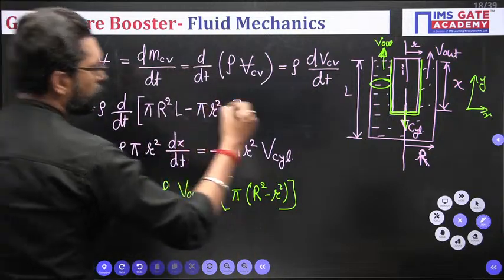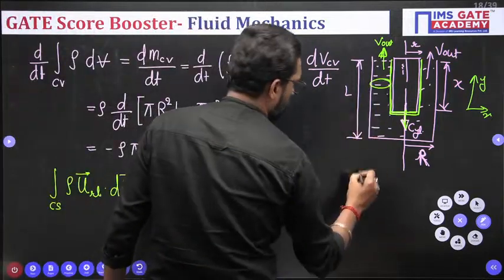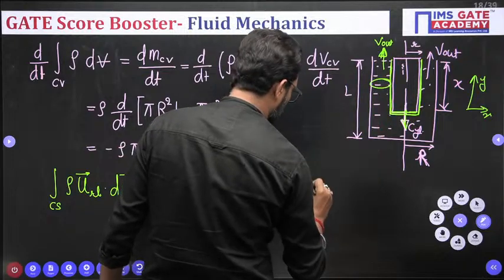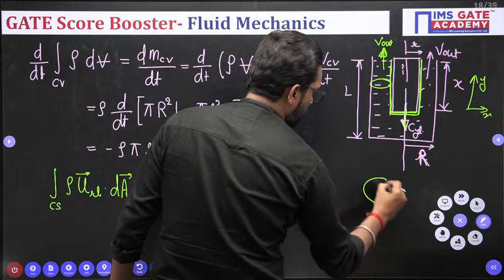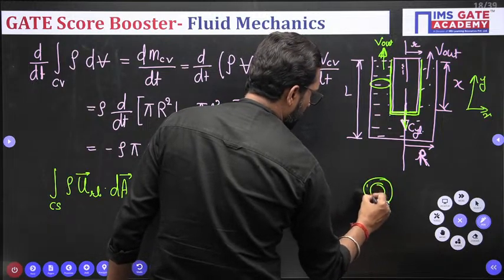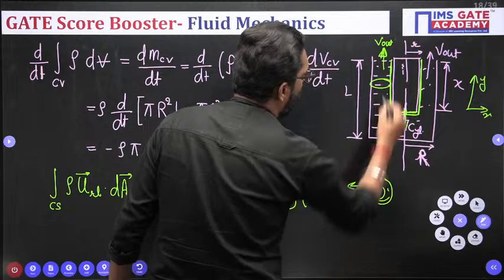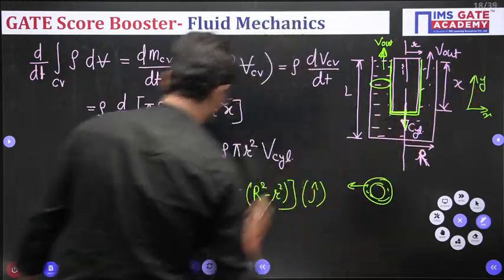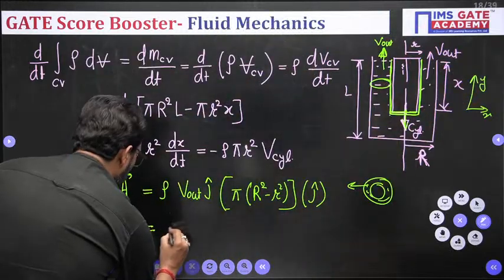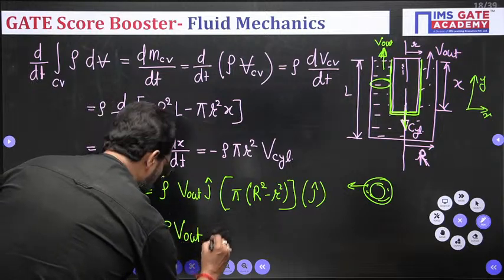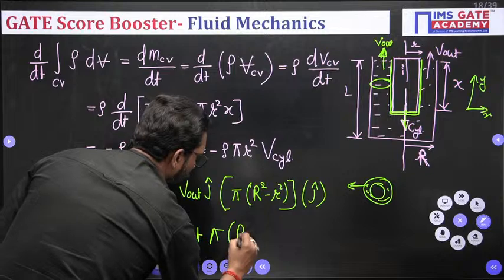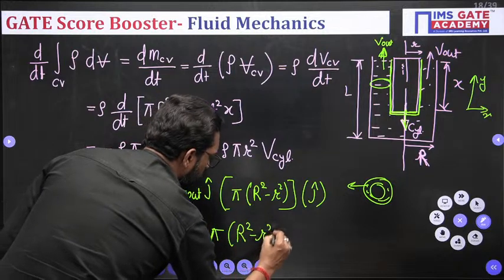This is also perpendicular, so this is also a j vector. Why? Because this is your annular space, and this annular space is also outward, so outward it is your y direction. So this is j. So how much is it? Rho V out into pi capital R square minus small r square.